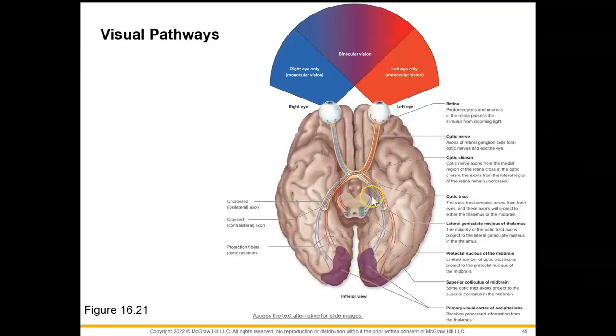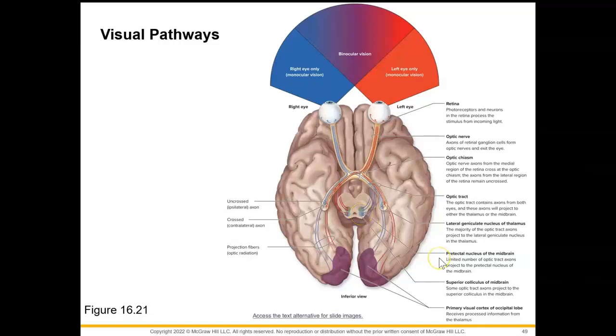Now also notice that we are going to have some fibers make contact over here at the pretectal nucleus of the midbrain. We're going to have just a few fibers here that will synapse, and then we also have fibers synapsing over here at the superior colliculus of the midbrain.